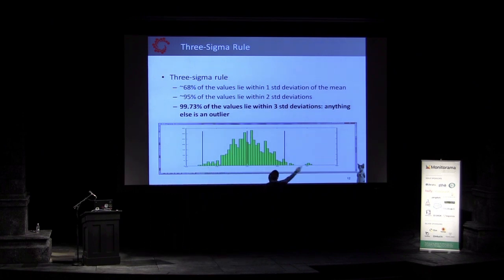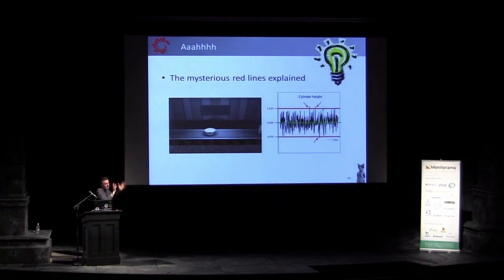So these guys are the outliers. So we say, all right, that's awesome, we're going to do that. And that kind of explains these mysterious red lines that we see on these graphs. They figure out there's a mean somewhere, and most of the good stuff is going to lie within 3 standard deviations, 3 sigmas, and anything outside of that is going to be the outlier.